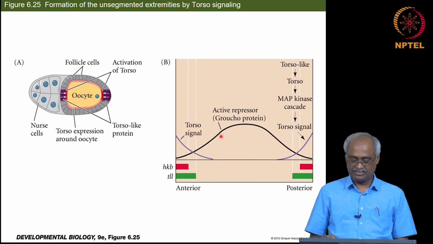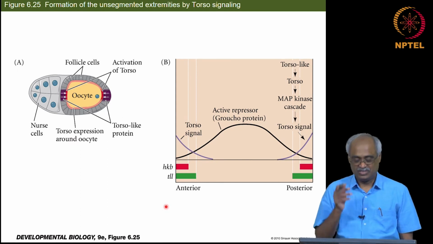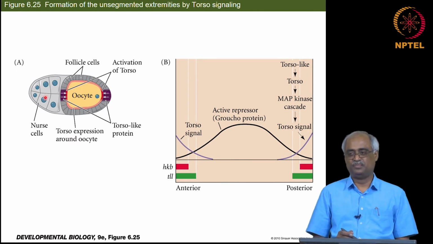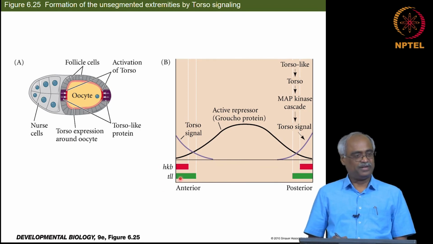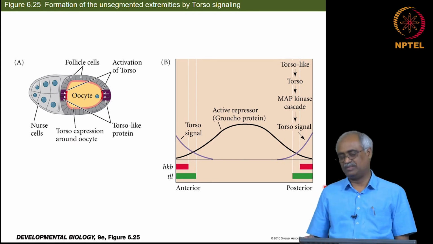And this protein, if it is there, is not going to allow Huckebein and Tailless production. Those two proteins are required for the extremities to form. If those two are produced and you also have Bicoid, you make the head. If you do not have Bicoid, you make the tail.